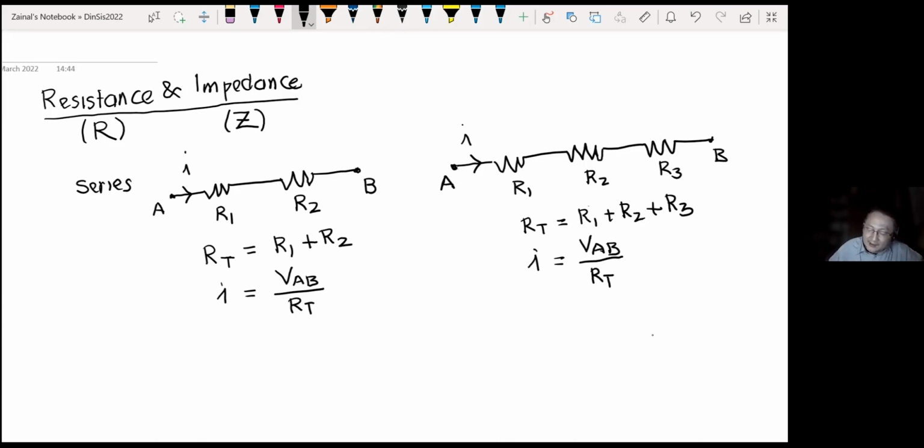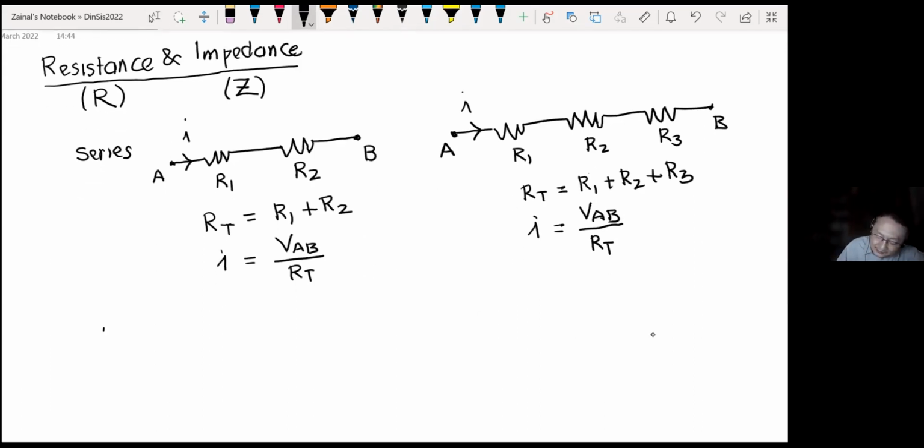Okay. If you have parallel now, what you have is something like this, and you have two resistances there, R1 and R2.